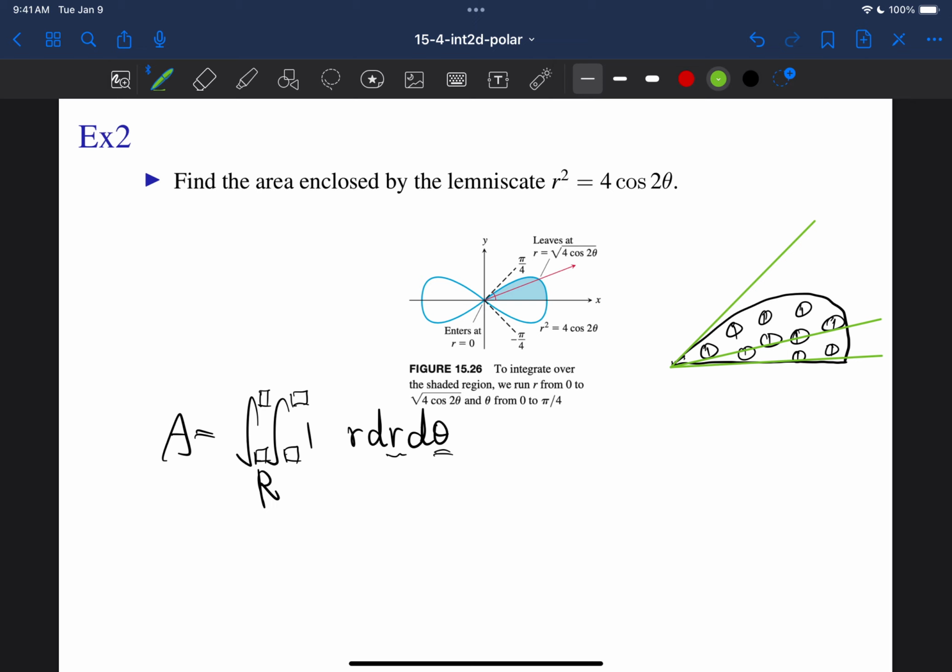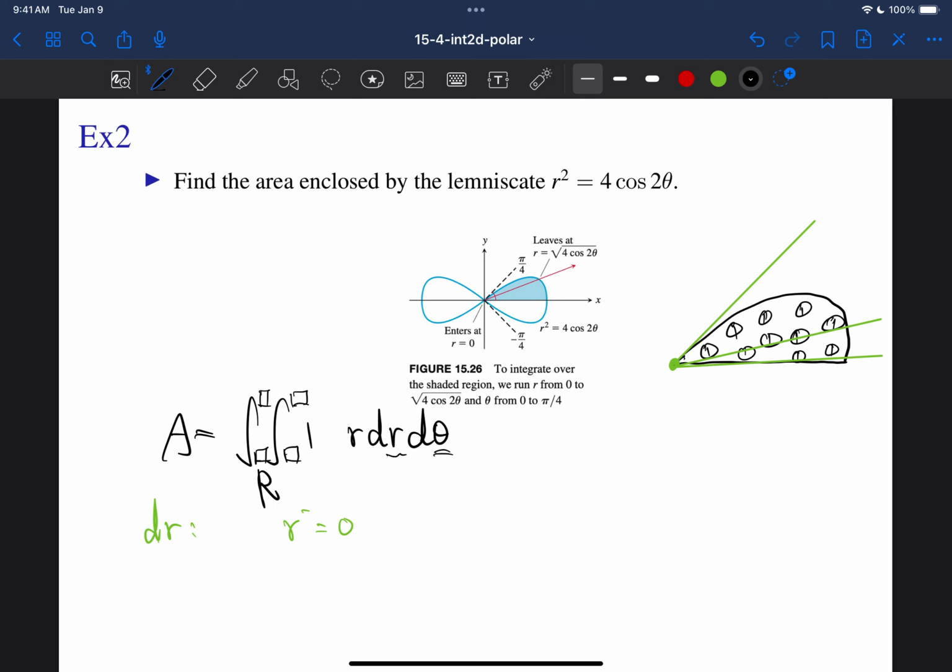Every time you want to find the range of r first, so for dr, r starts from 0, which is the lower bound.